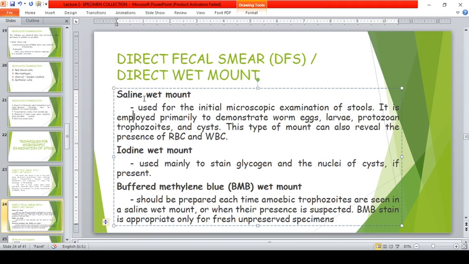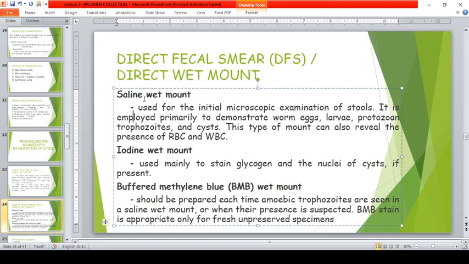Pwede kang magtimpla with 0.8 to 0.9%. Timplahin mo yon from sodium chloride, or aside from that, you can also buy a saline solution, yung timplado na. Meron din naman.